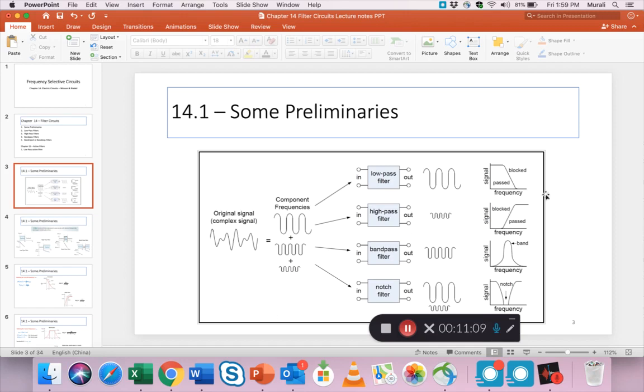If you look at the magnitude diagrams on the rightmost side, starting from the top with the low pass filter, then the high pass, the band pass and the notch, the diagram shows in a graph what happens to all the frequencies put into the filter and what comes out.